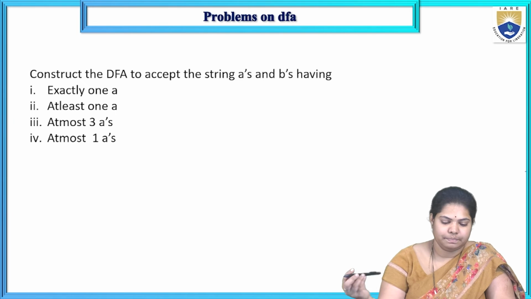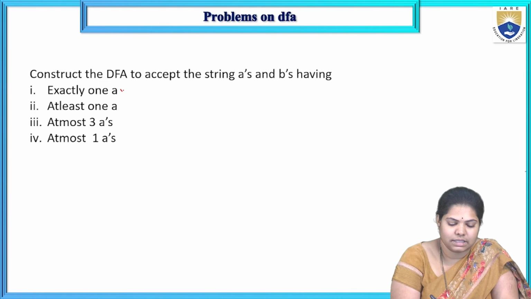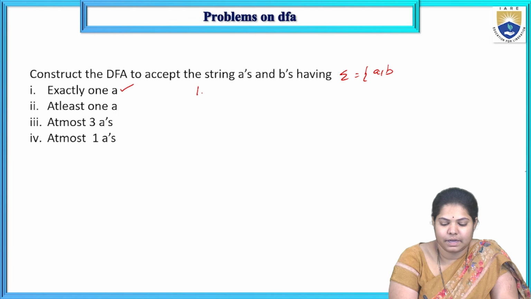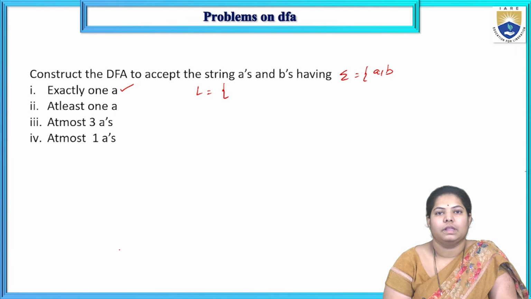So first of all, let us construct the exactly 1 A. So here the input symbols are A, B. First of all, for exactly 1 A, let me write down the language.